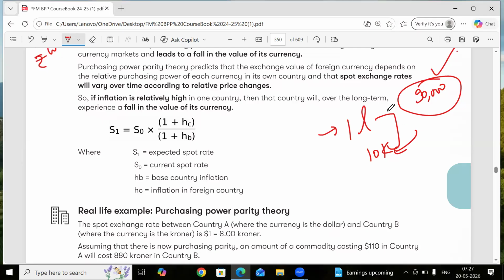I'm saying the difference. If I see net, I'm getting less, I have to pay more. So here when I get $10,000, I sell dollars and I buy rupees, it is only 9 lakhs. Here I have to buy dollars to pay the suppliers. I'm paying 90 lakh rupees to buy 1 lakh dollars.